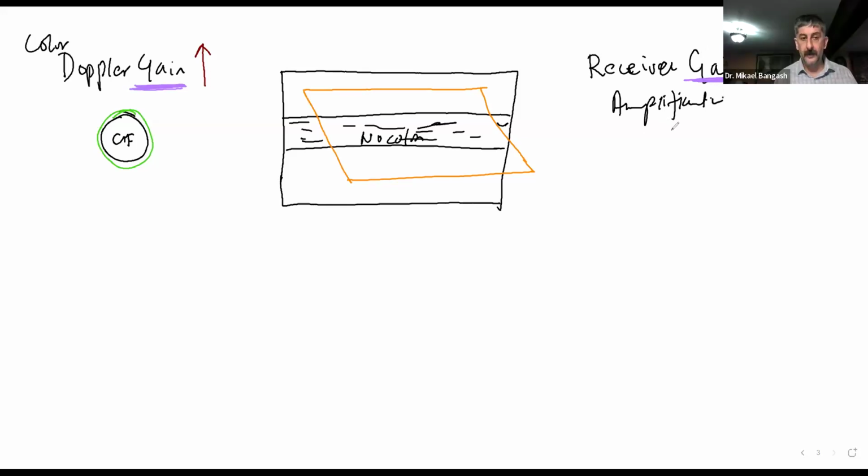Which we mainly adjust by maneuvering our B mode, right? So let's say that as we increase the receiver gain, or increase the amplification, what would happen to a B mode image?